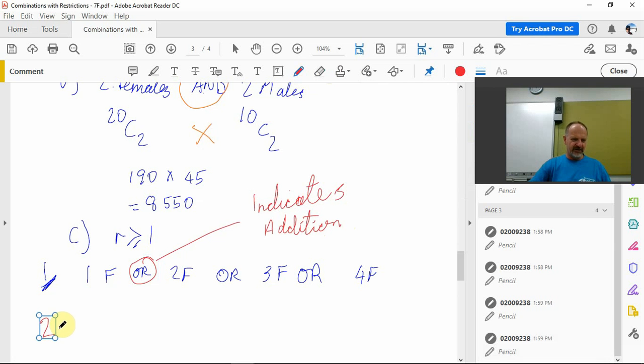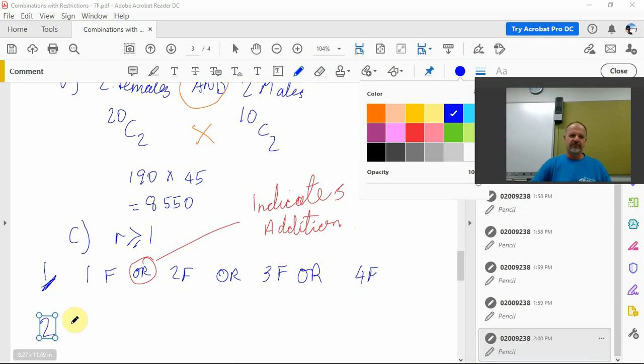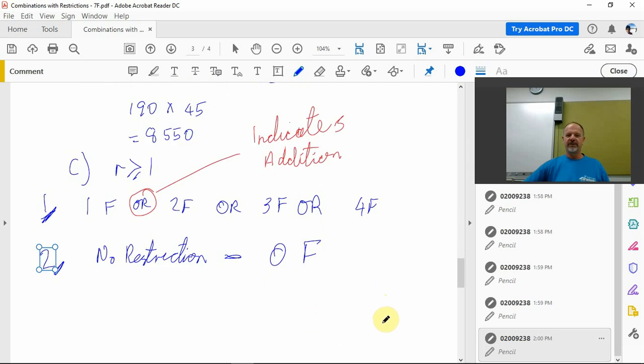The second method would be to say no restriction minus no females. That would be the same thing, because it's a committee of 4, the only other option to all those ones that we've got there is no females. So there's 2 ways of approaching it. You choose which one. I'm going to choose the second one here.